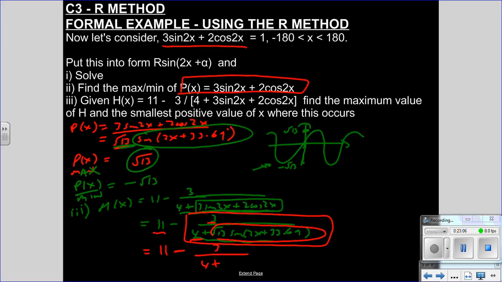Because it's 11 minus something. So what's the smallest that fraction can be? Well, it has to be when the denominator is the largest it can possibly be. And the largest it can possibly be is root 13, isn't it? So this is the maximum h can be, right?